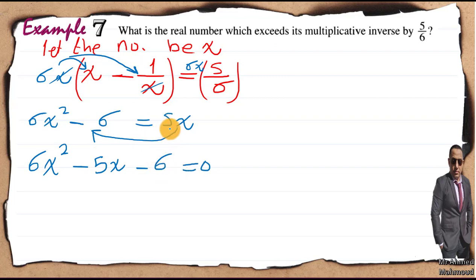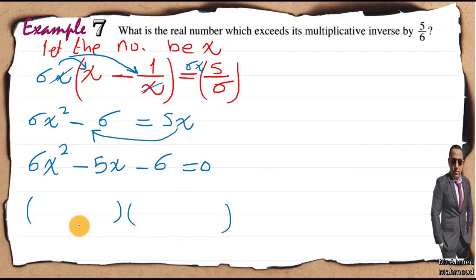Note that I put 5x between 6x power of 2 and negative 6 to be in descending order. Here I have 6, 5, and 6. They don't have a common factor, so I have to factorize by using means and extremes.